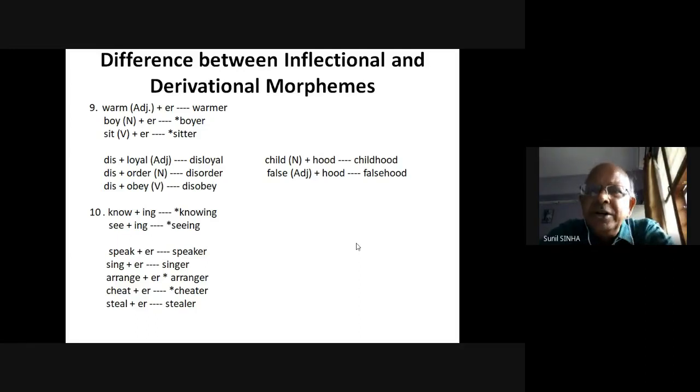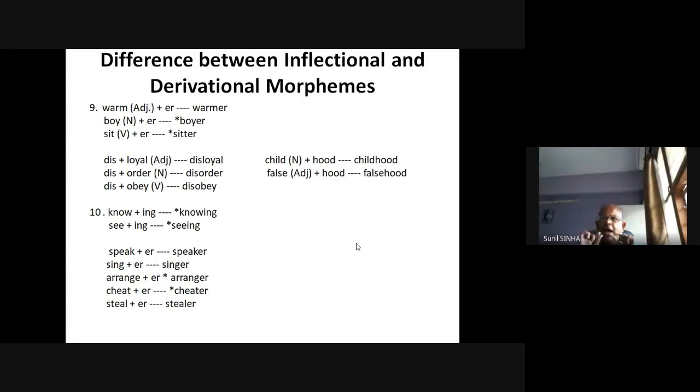So the point that I'm trying to make is this: if an inflectional morpheme can be added to words of one group, it can be added to almost all the words of that group. Like noun, noun can take S; adjective can take ER, more than, and it can be added to almost all the adjectives like high, higher, young, younger, tall, taller, sharp, sharper, and so on.